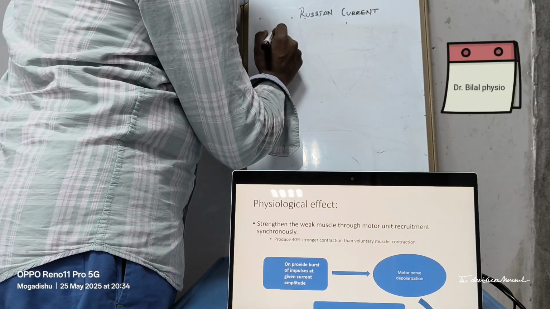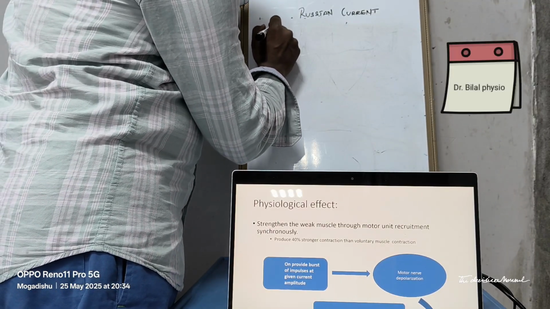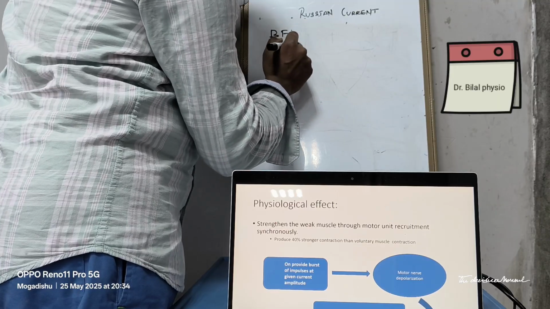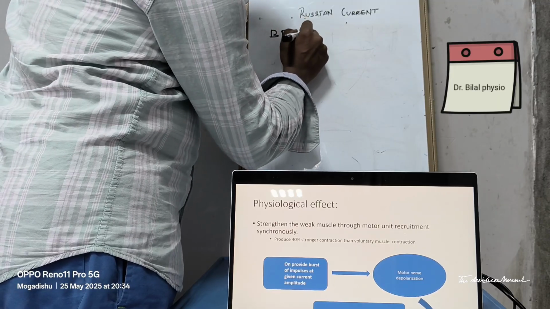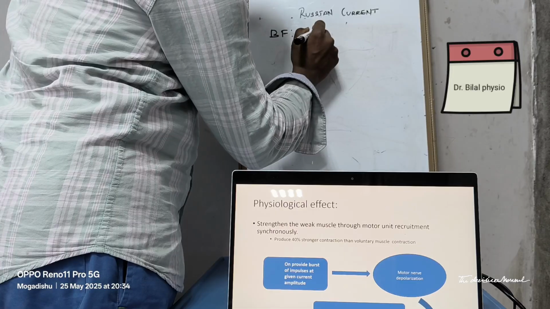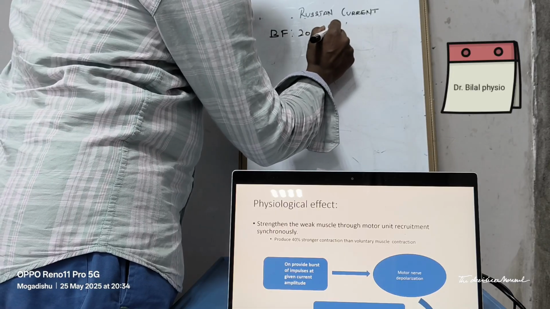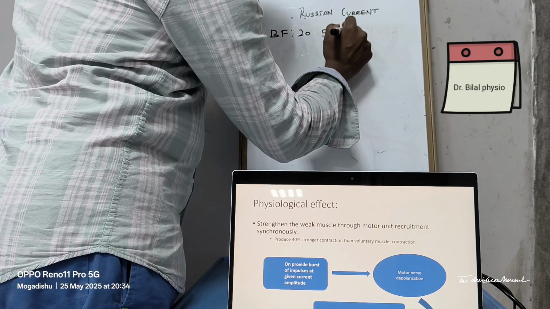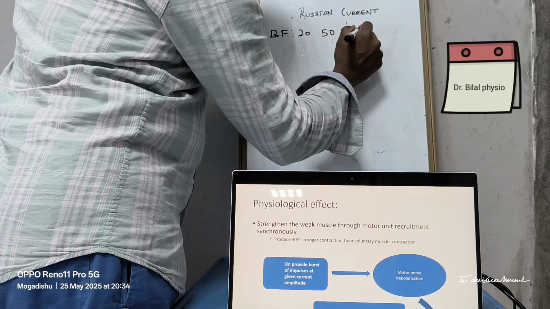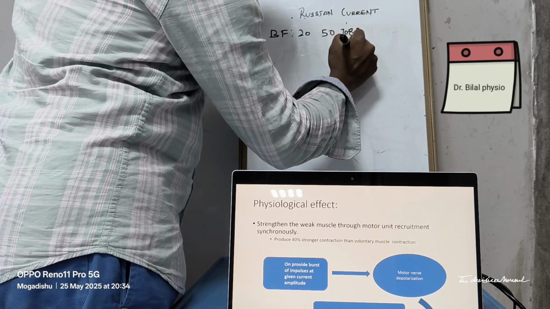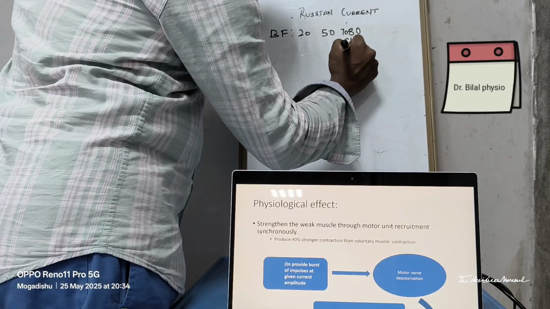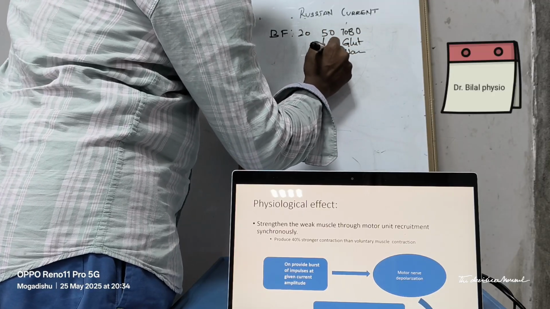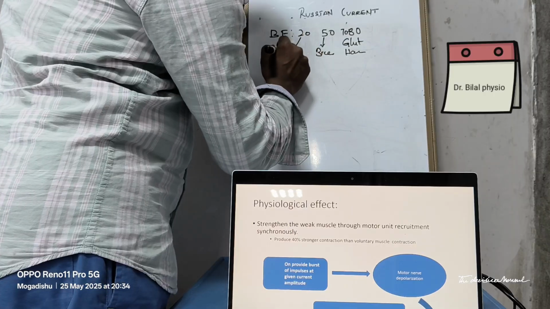The physiological effect is when we apply the burst frequency based on the muscle we choose: 20 for small muscles, 50 for medium muscles, and 70 to 80 for big muscles like glutes or hamstring, or for biceps, or for thinner muscles.